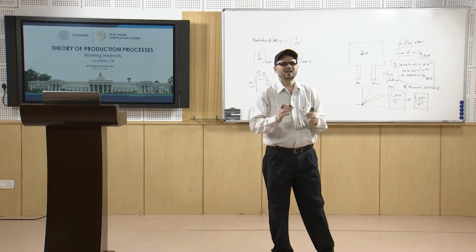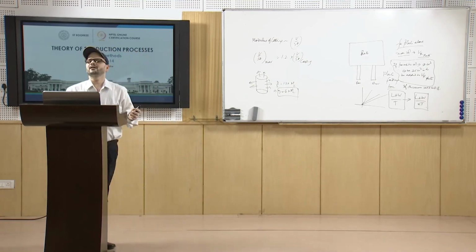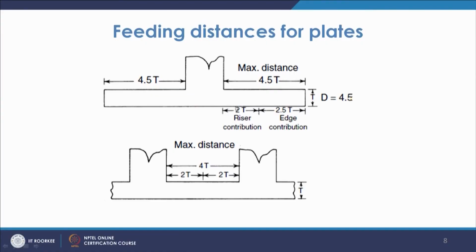Suppose it is a plate casting: the maximum distance on one side is 4.5 T, where the riser contribution is 2 T and the edge contribution is 2.5 T. If you keep two risers in between, the riser contribution is 2 T from both sides, so it will be 4 T here, and then on the sides you will have the edge contributions.